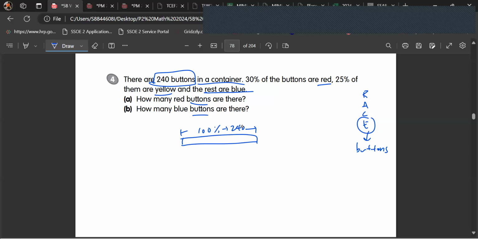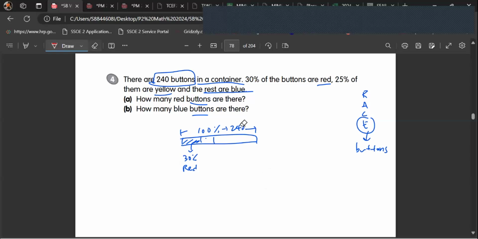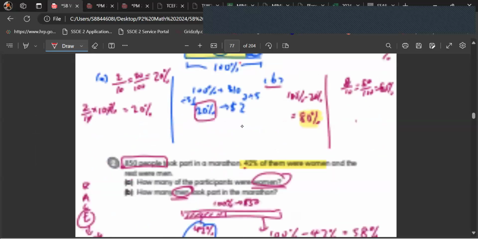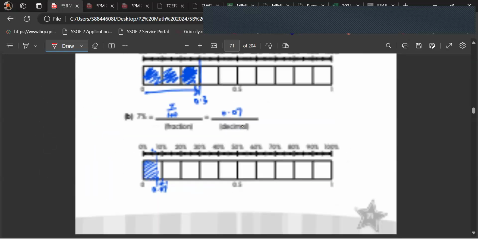Okay? So one part 30% red, 25% yellow. Okay, maybe you must use red. 30%. Somewhere here. Do you see why, you see this model, you refer back to the front pages, you realize that, oh, okay, so this is what it's trying to get us to do.